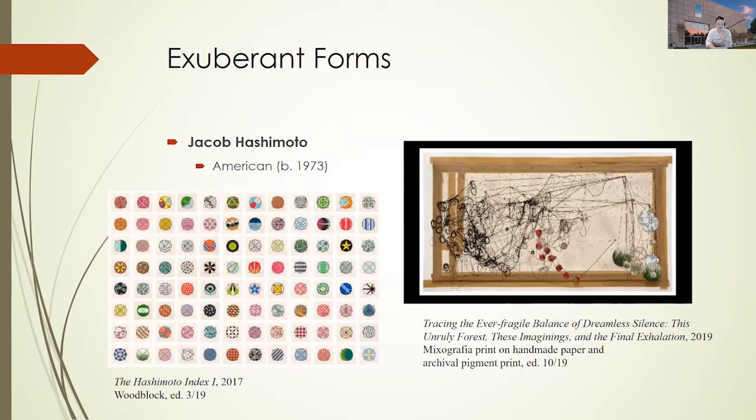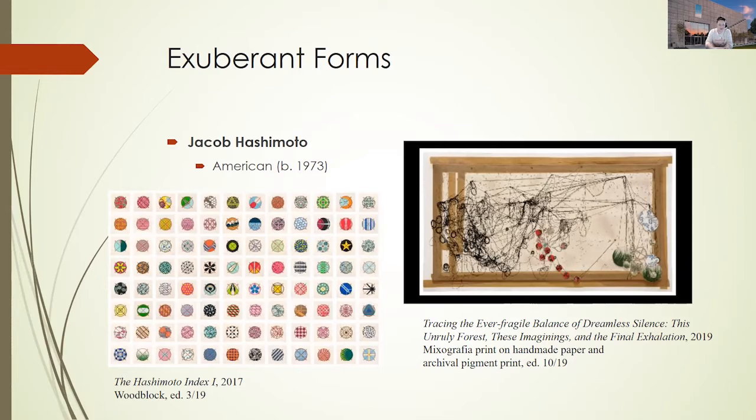This one on the left with the grid pattern called Hashimoto Index 1, those are the proofs of those prints. He actually took these wood block print proofs and put them together to make a new artwork. So you may see some repeating patterns in some of the other pieces, but it's kind of neat to see that nothing goes to waste.